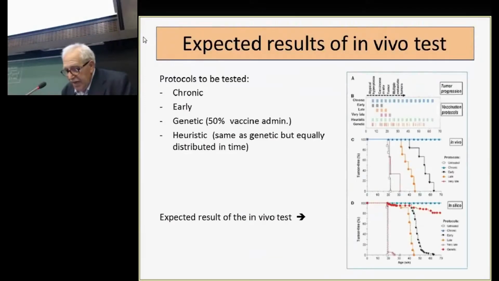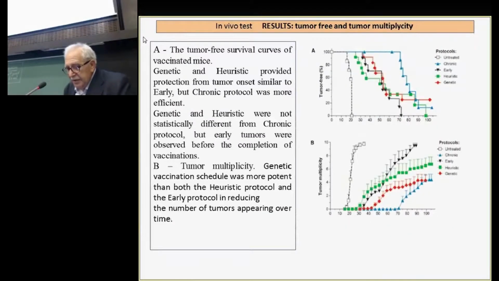What we discovered, in a simple way, is that the genetic protocol worked like the early one: it was not good on the survival side. But, funny to say, it was very good at controlling tumor multiplicity in different mammary glands.